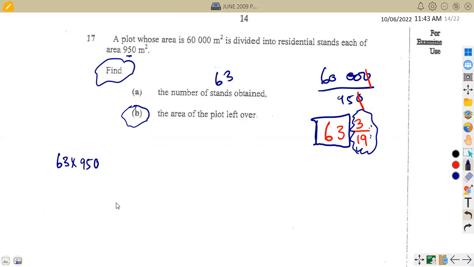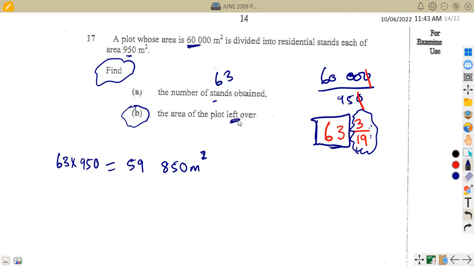You get 59,850. So this is what you get in terms of the 63 total stands. They have 59,850 square meters out of 60,000.